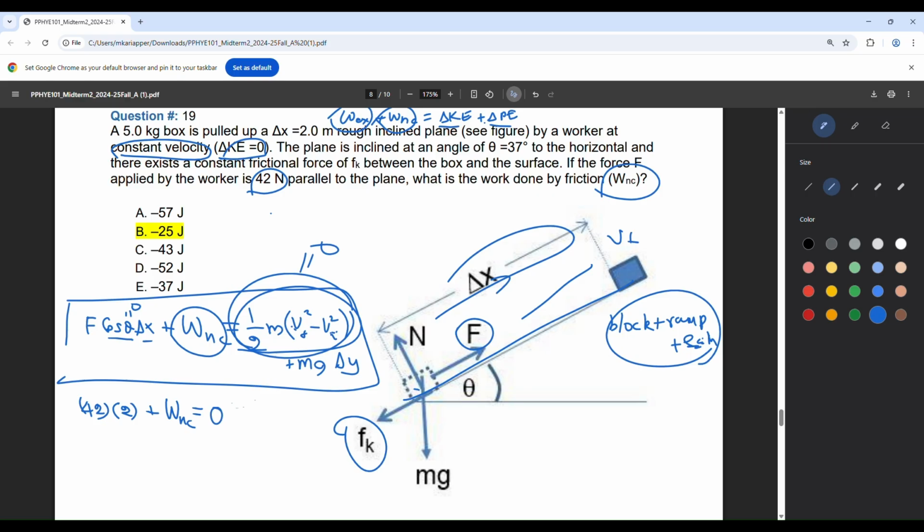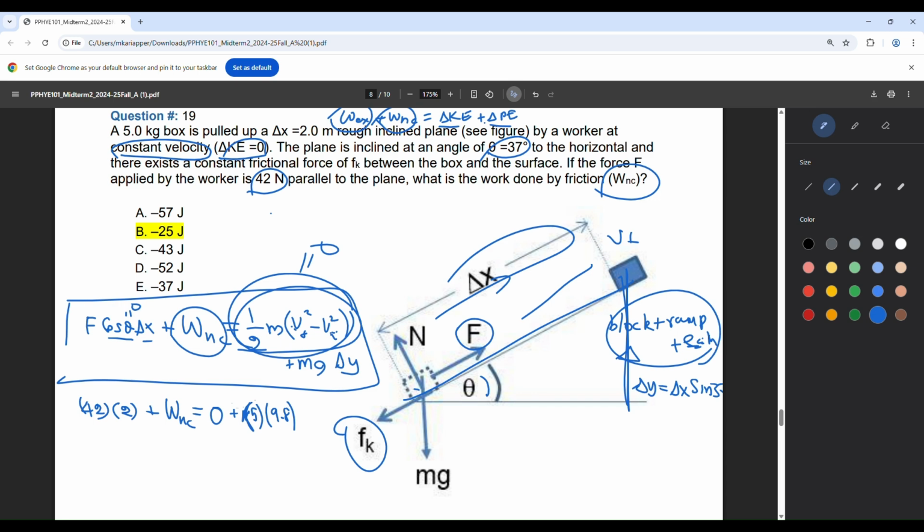So 0 plus m is equal to 5 kilogram and 9.8. And what we need is this height. Again, our trigonometry. We can see that delta y is equal to delta x sine theta, which is 37.